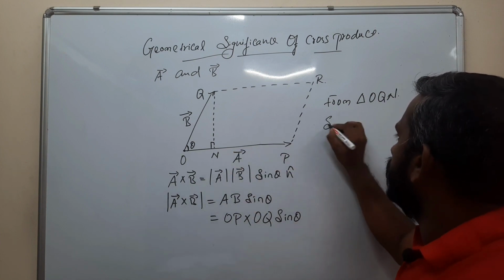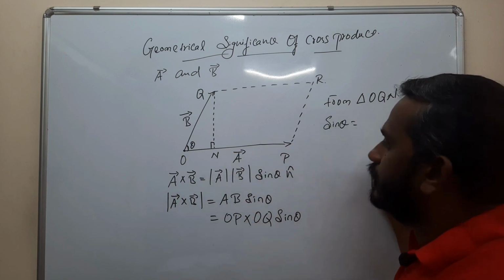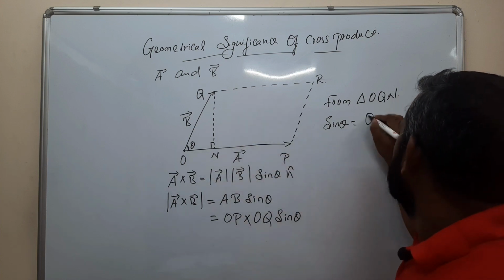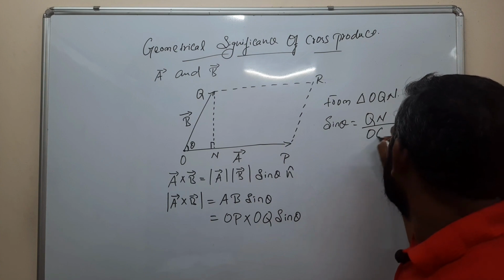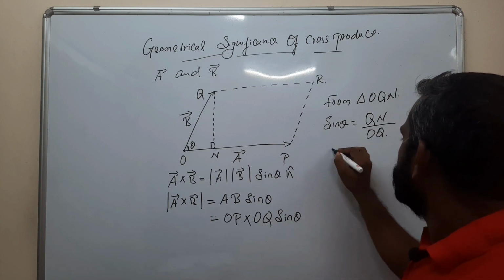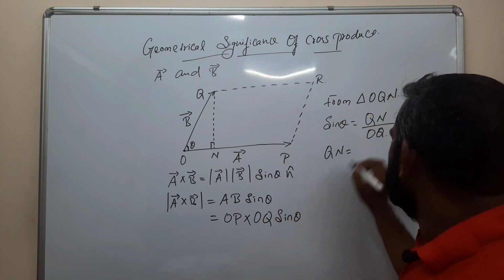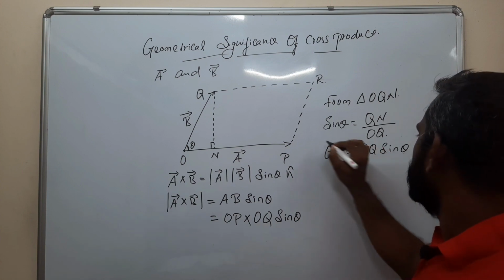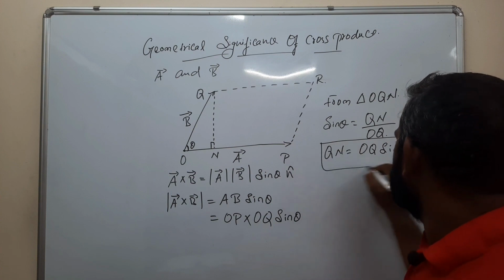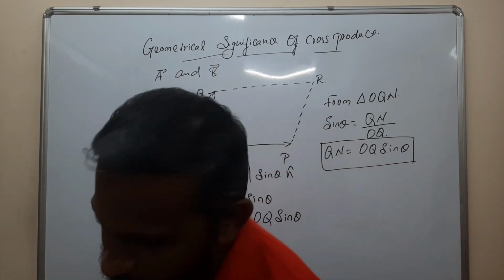Sin theta is equal to the opposite side QN divided by the hypotenuse OQ. So QN is equal to OQ sin theta.